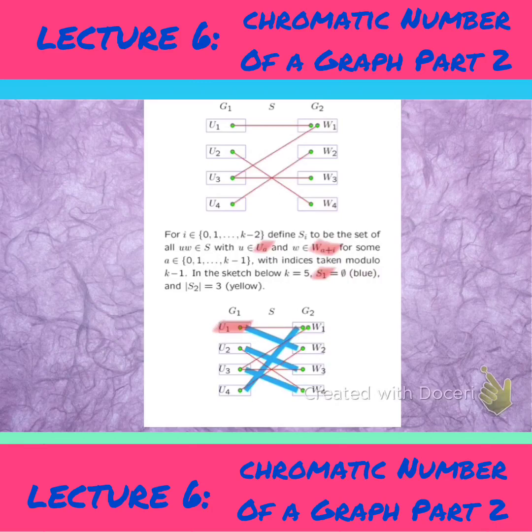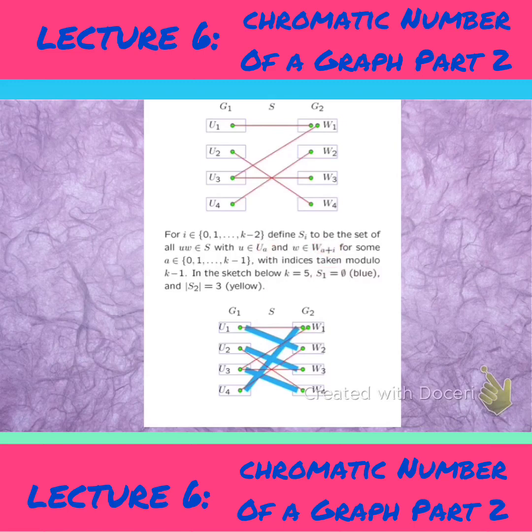Remember, the index i is 1. That's empty. Then U3, again you count all those edges. And then U4, you're counting the edges between U4 and W_{4+1} mod 4, so between U4 and W1. So S1 is empty, because we've not counted any edges.